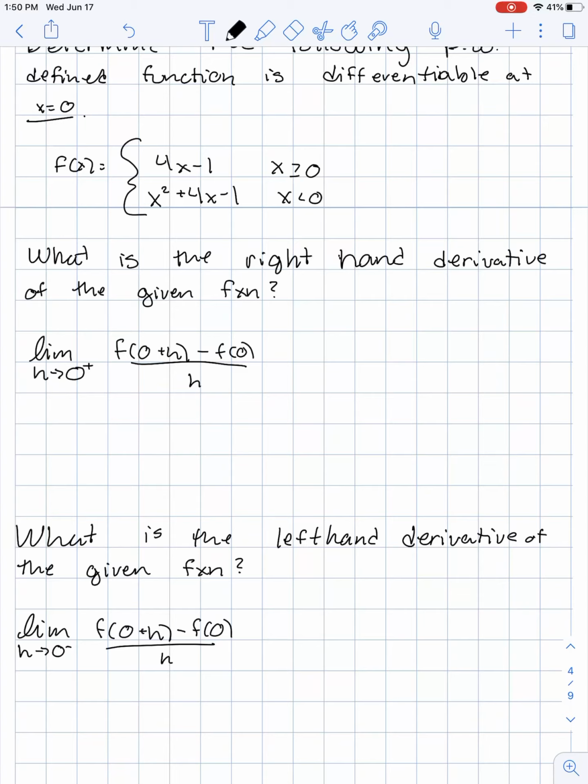So when h is going to 0 from the right, that means h is approaching 0 from points greater than it.